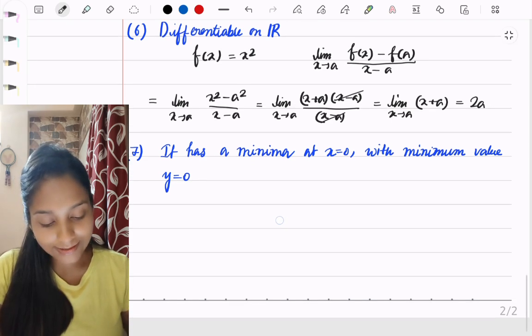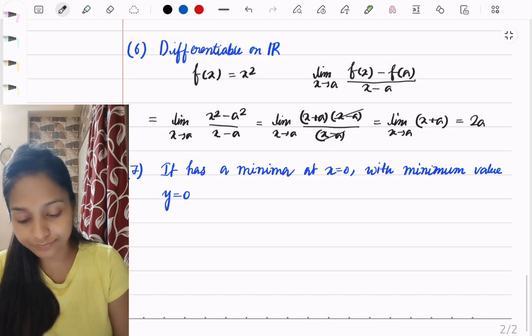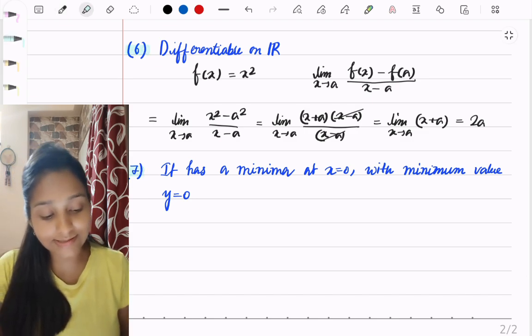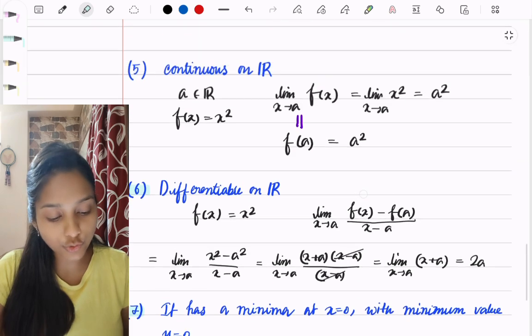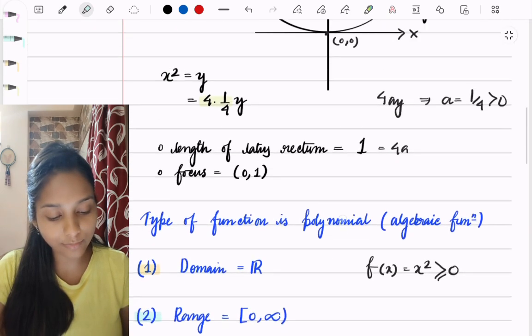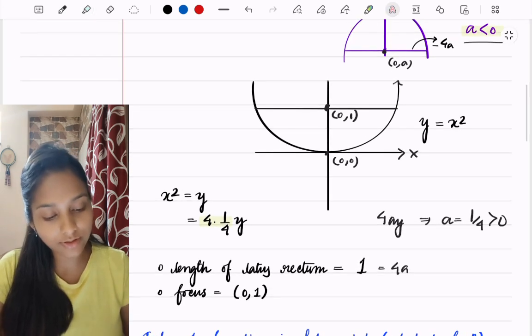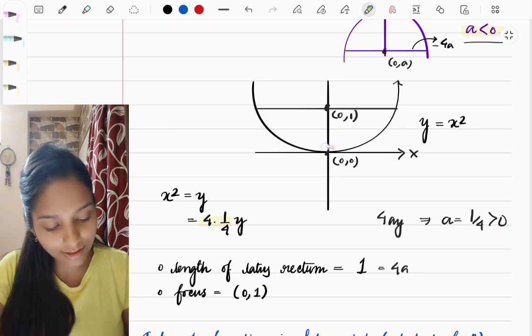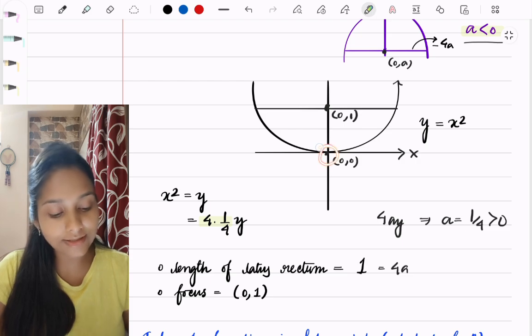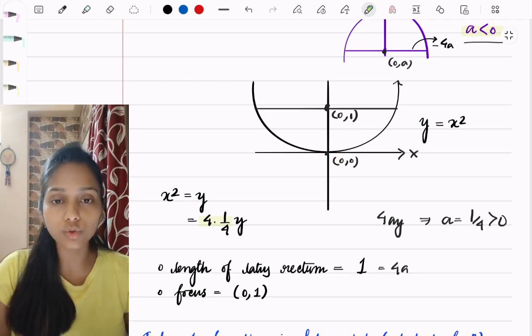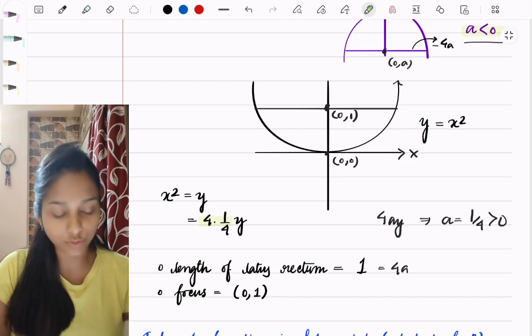Now it has a minima at x equals 0, with minimum value being 0. So here we can see from the graph of this function that it has a minima here, it is a valley, and also the value of this function at that minimum point is 0.